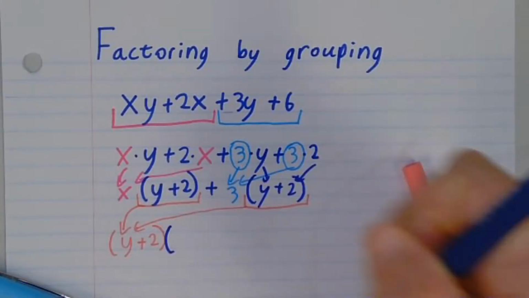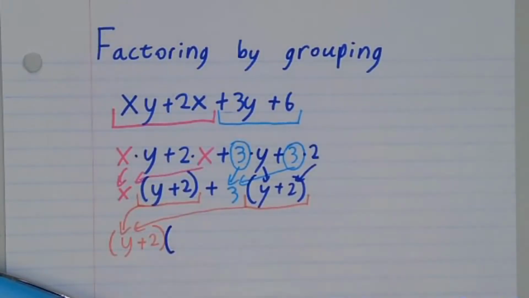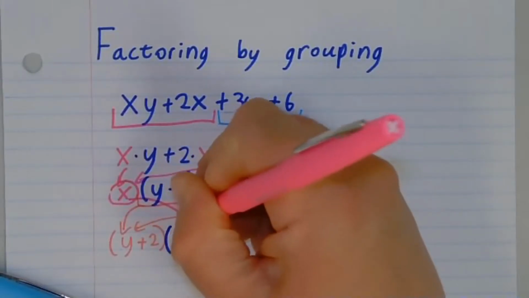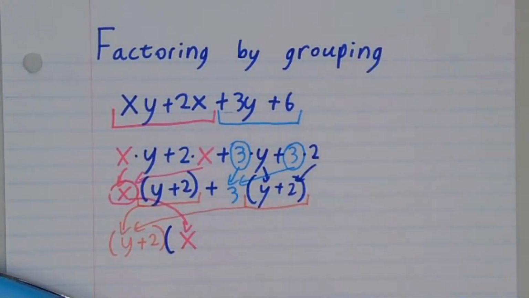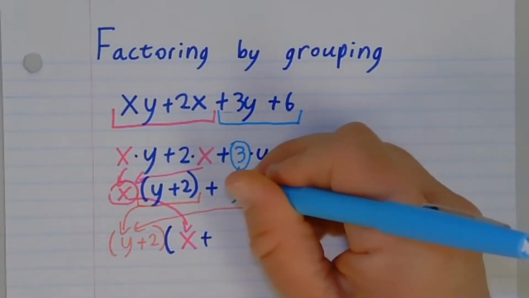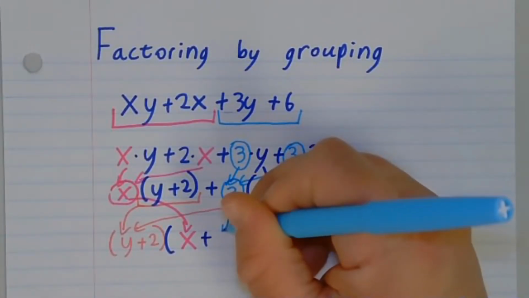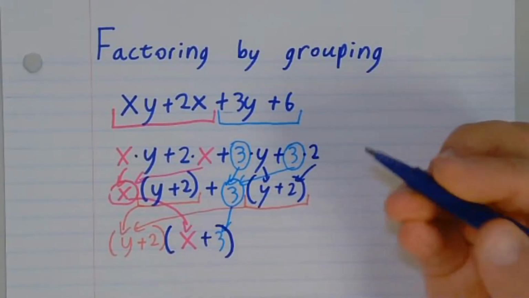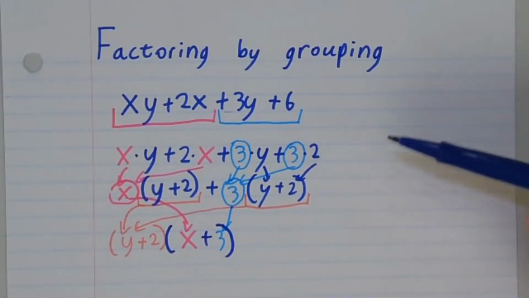And I'm left with this x from over here plus this 3 from over here. And so I have now factored this expression by grouping.